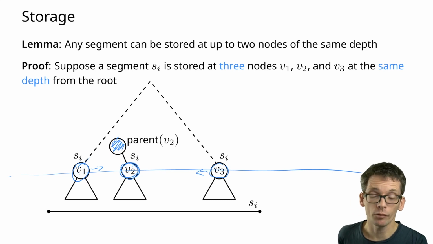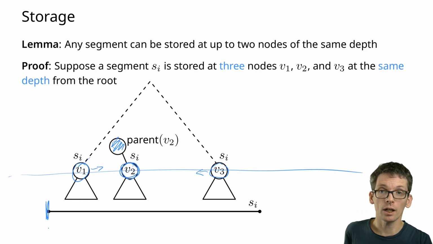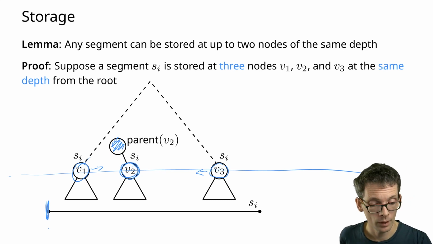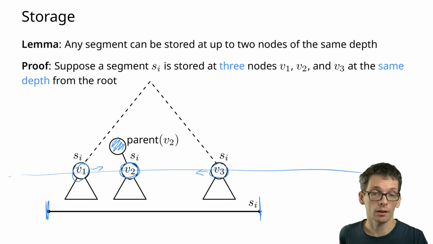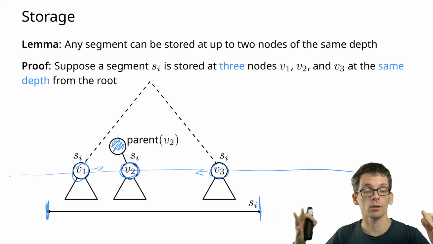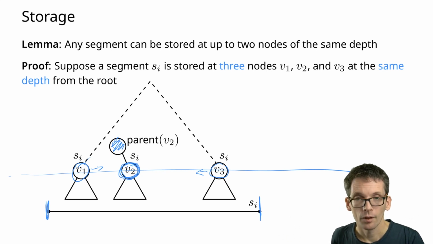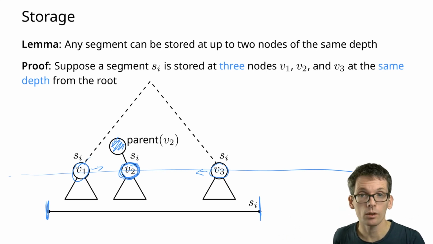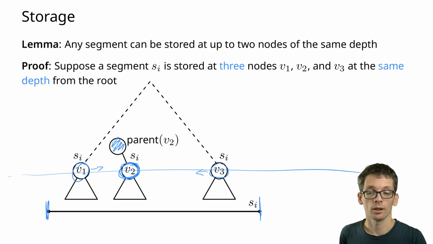Being to the left of V1 means that this endpoint of the segment is definitely still left of you, and being to the right of V3 means that this right endpoint of the segment is definitely still to the right of you, meaning that the segment includes also the parent node completely, meaning that there's no reason to store Si here, because I could have stored it at the parent.